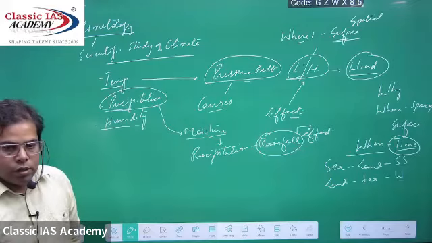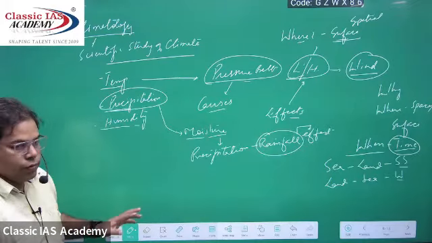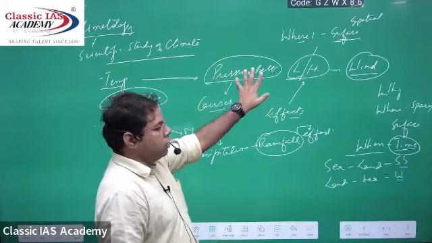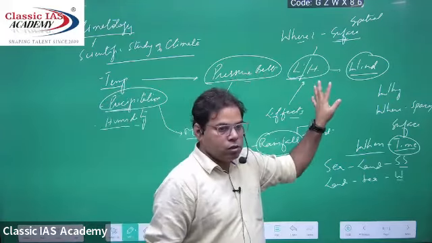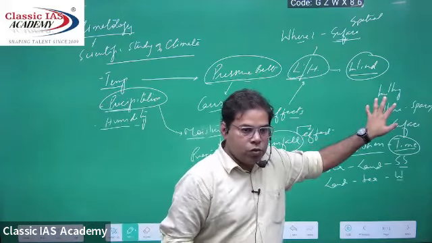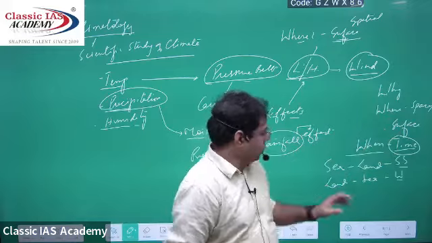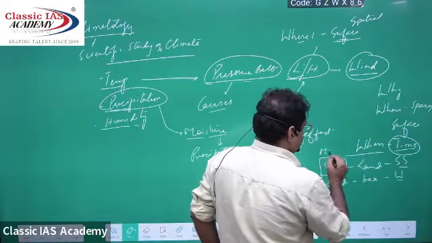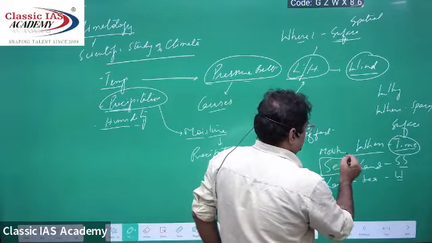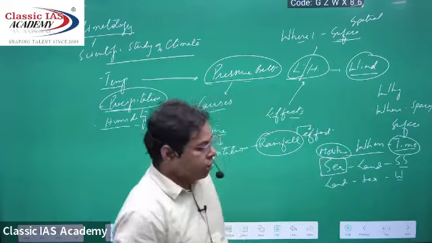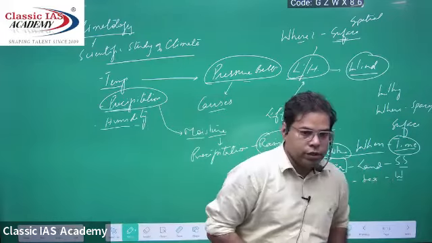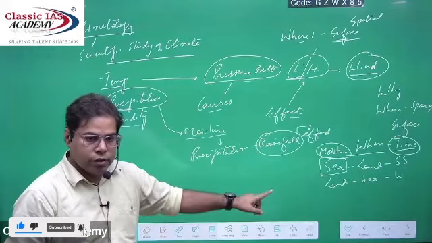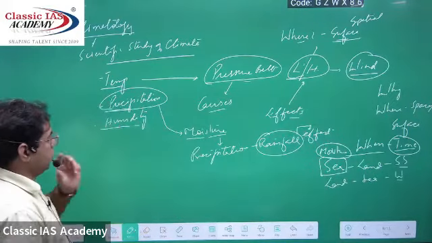Are you getting it? Again, there is a cause and effect relationship. What is the cause of the precipitation? The pressure belt, high and low, making the wind move. Wind blows over the ocean from sea to land, and there is always moisture present in it. When it reaches the land, it will definitely precipitate in the form of rain. Is it not a cause and effect? Definitely it is.